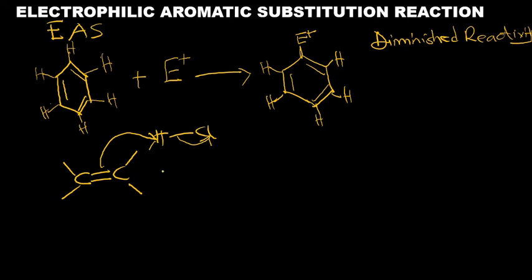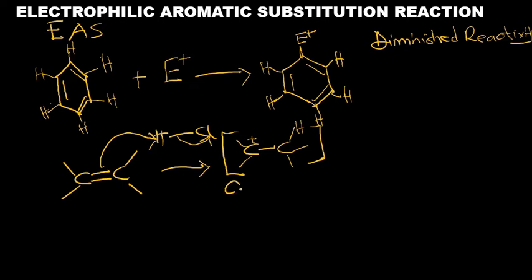So we're going to have an intermediate. So we'll have a C, now singly bonded to C again, and then we have this carbon, this time having this hydrogen, and this carbon will now have a positive charge on it.